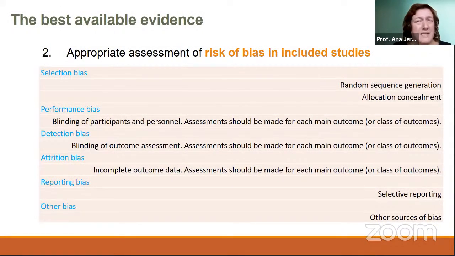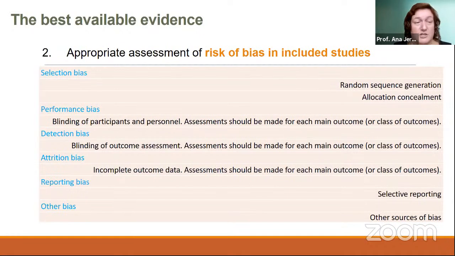Today we know that there are many different sources of bias. The Cochrane methodology group worked a lot on them and categorized them in several domains. One is selection, and that means that we can select participants in our study which are not representative of the population that we want to explore. We could have performance bias, like unconscious bias that exists with researchers and patients because they know in which arm they are assigned.